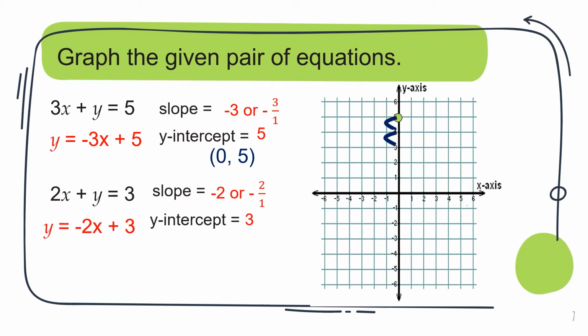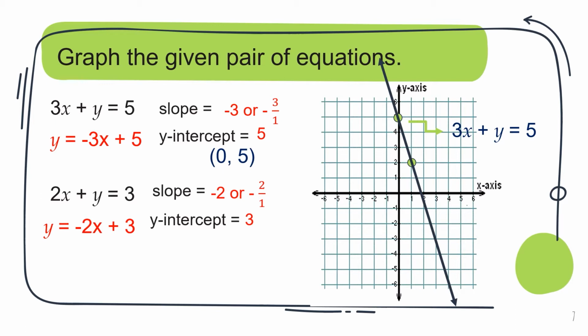That is 1, 2, 3. And for the run, we have positive 1. And we have to count 1 to the right. That is now the point which is located at 1, 2. Connecting the 2 points, we have now the graph of 3x plus y is equal to 5.